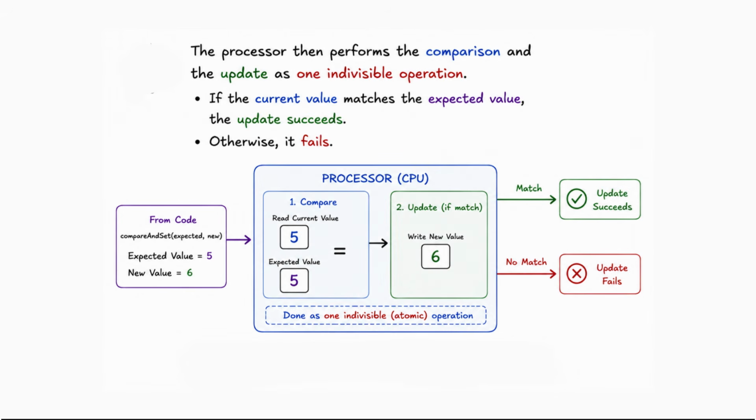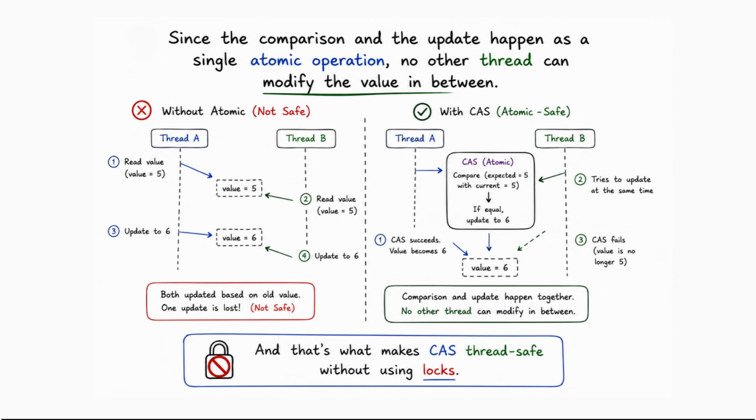The processor then performs the comparison and the update as one atomic operation. If the current value matches the expected value, the update succeeds, otherwise it fails. And since the comparison and the update happen as a single atomic operation, no other thread can modify the value in between. And that's what makes the compare and set operation thread safe, and we don't have to use any locks.